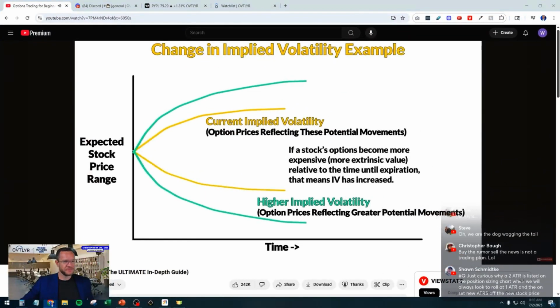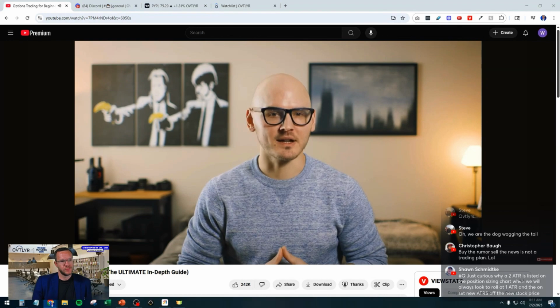Increase, meaning the extrinsic value or time value would increase in Visa's options. So if we hold the stock price the same and we are looking at one single trading day, and Visa's call option with a strike price of 180 went from $7.35 to $15, that would be called an increase in implied volatility.